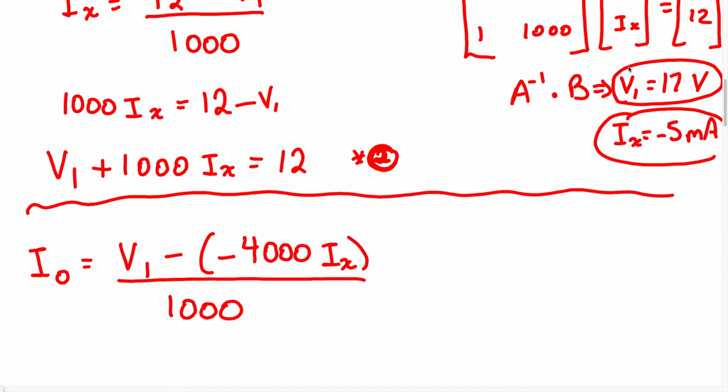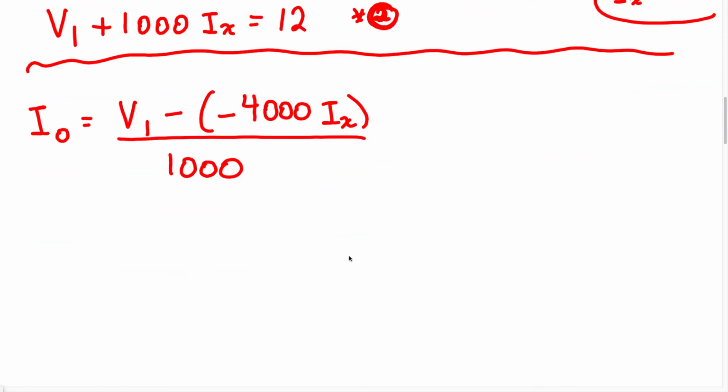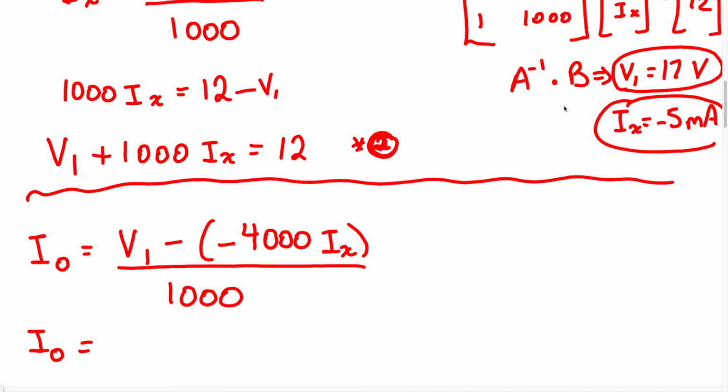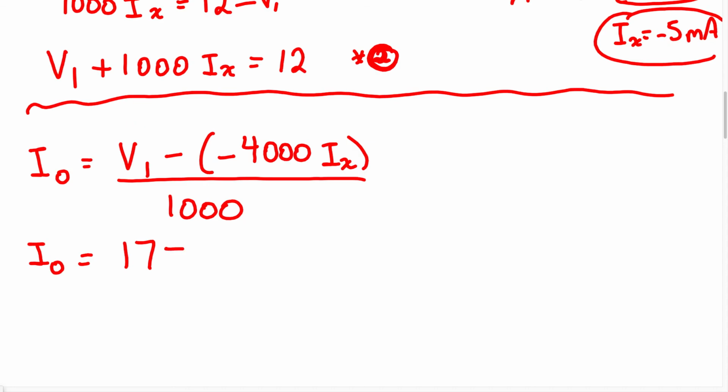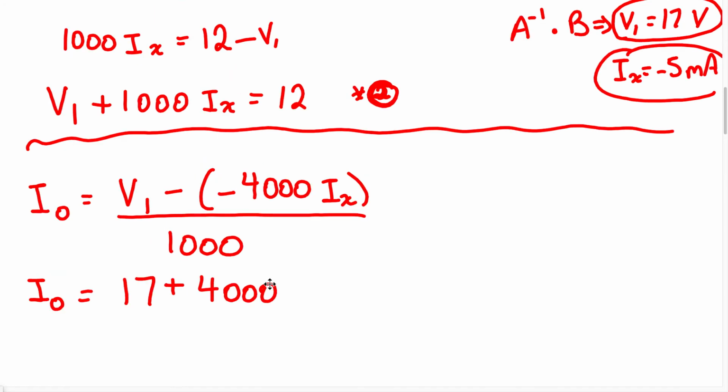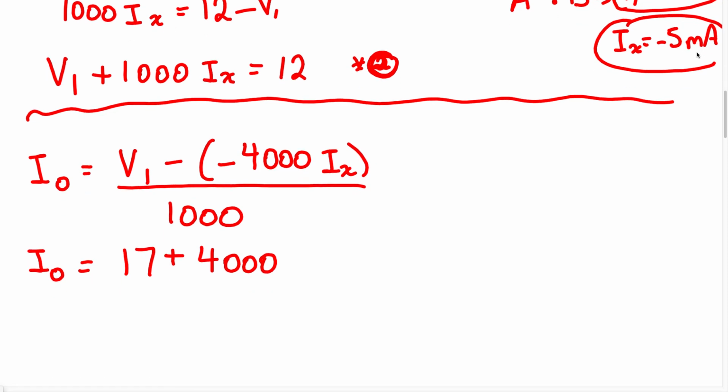Now we know the value of V1 and we know the value of IX. So when we simplify this, IO equals, we know V1 is going to be 17 volts, so we have 17 minus, or we can say plus 4000 times IX. We know IX is going to be negative 5 milliamps, so don't forget the milliamps: multiplied by negative 5 times 10 to the negative 3, all of this over 1000.